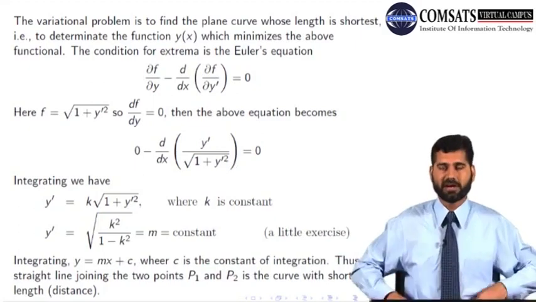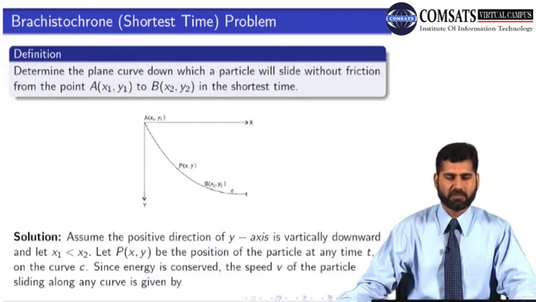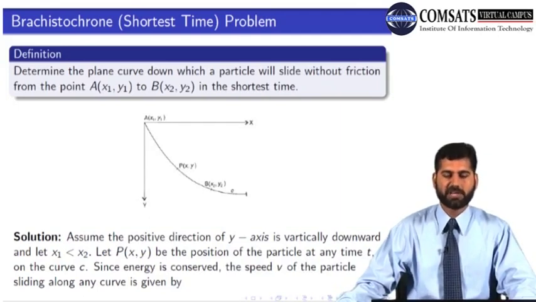In a plane. All right, let's see another example of a variational problem, the shortest time problem. It's also called the brachistochrone problem. So what is the problem basically? Determine the plane curve down which a particle will slide without friction from a point A to B in the shortest time.